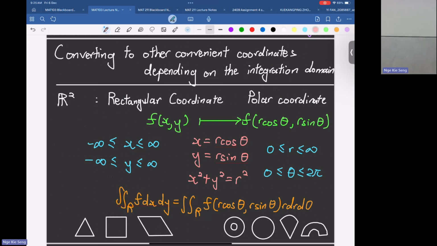Remember what we did last time, why polar coordinates are favored over rectangular coordinates. For example, a circle: we cannot describe a circle using a single function in x, but if you look at polar coordinates, I can see the circle as a function. How to see a circle as a function?